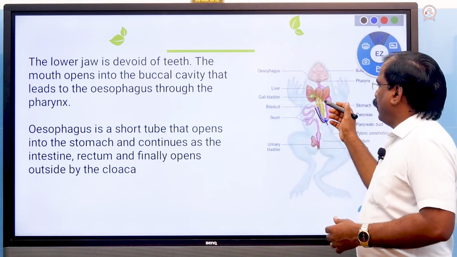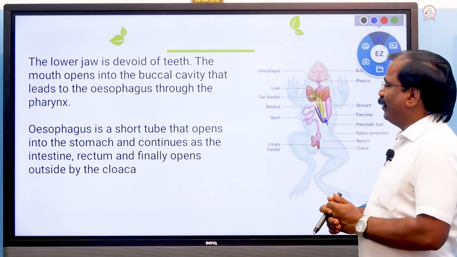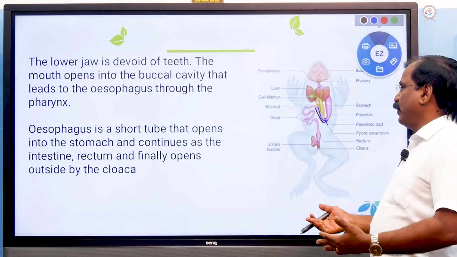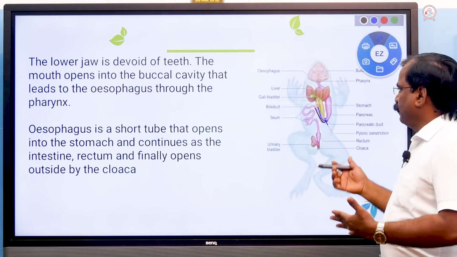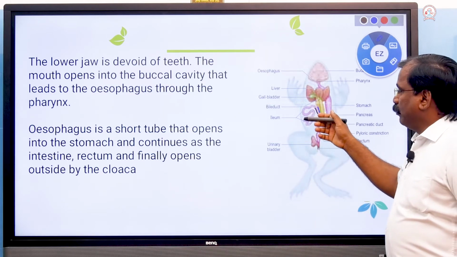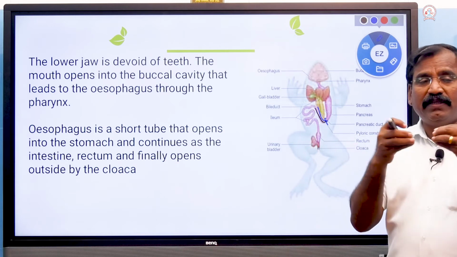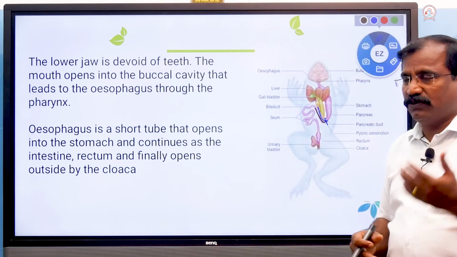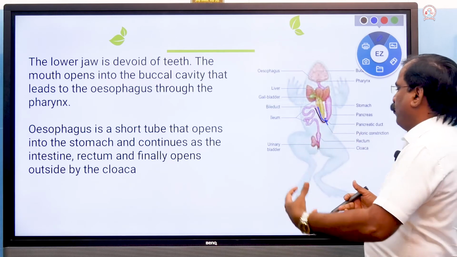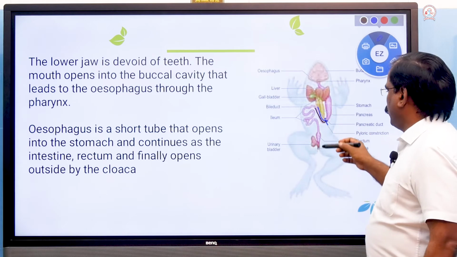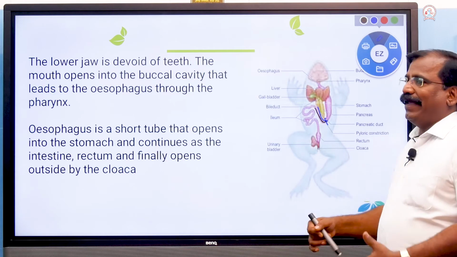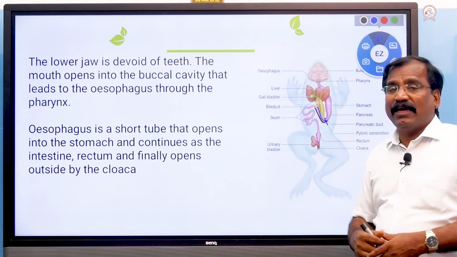The pancreatic juice contains enzymes that digest carbohydrates, proteins and fats. After digestion, the food is absorbed in the ileum region, where small finger-like projections called villi absorb the digested food. Then the undigested food reaches the rectum and passes out through the cloacal aperture.